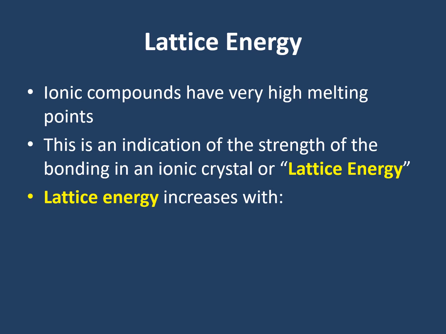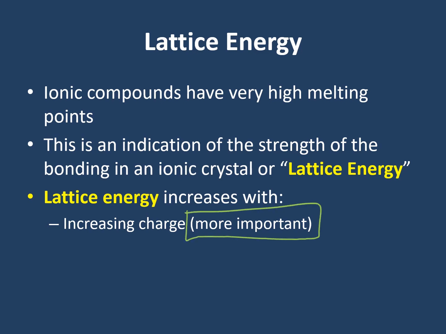Now, lattice energy for ionic compounds increases with two variables, one being the increasing charge. The larger the charges within the ionic compound, positive or negative, doesn't matter, the larger your lattice energy. And this is the more important characteristic.